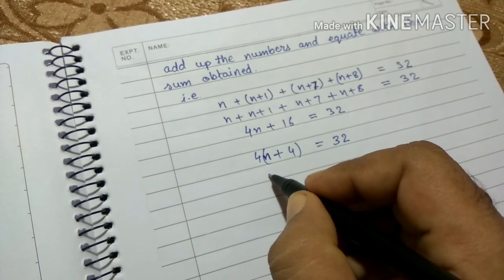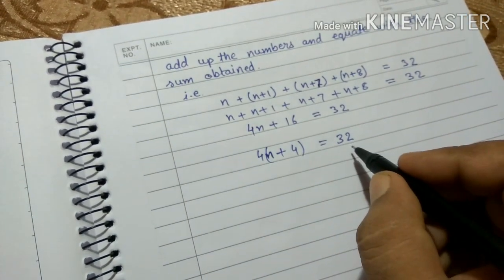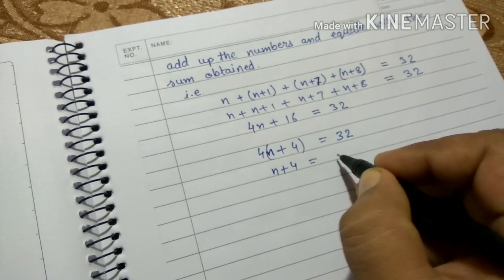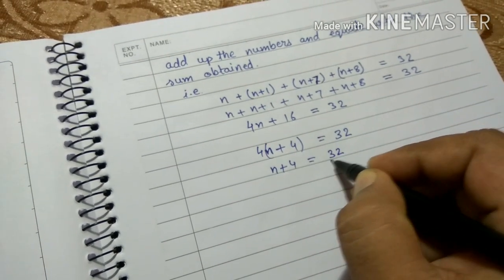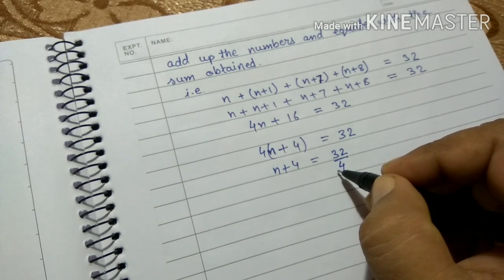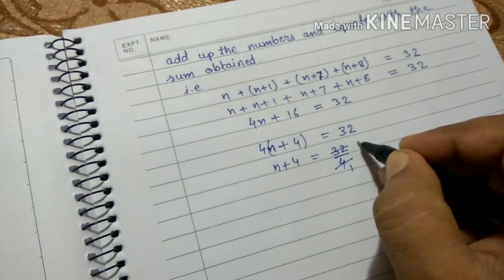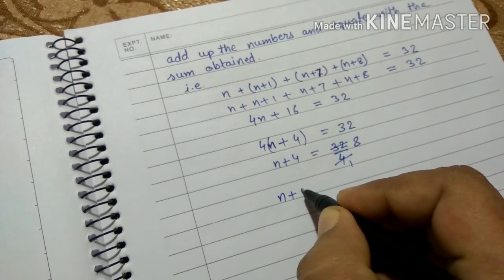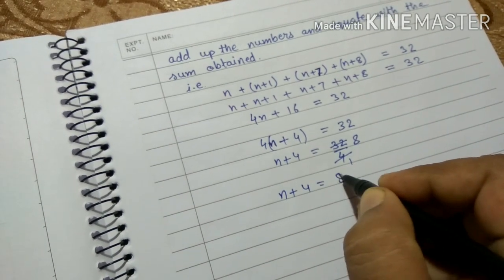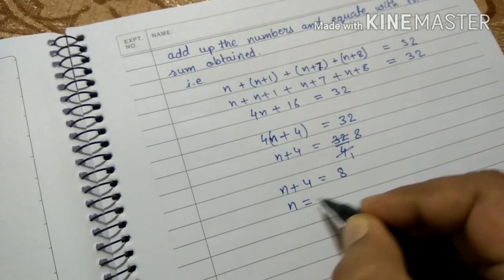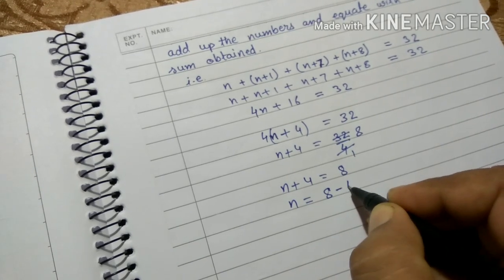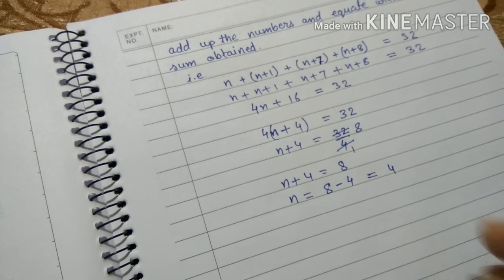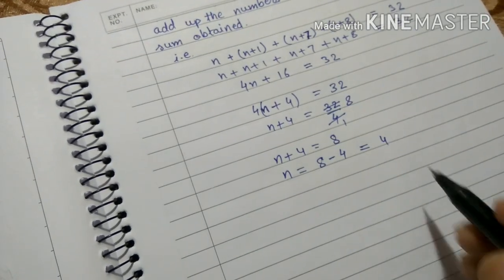Then 4 divides 32, that is n plus 4 is equal to 32 divided by 4, and we will get the result 8, since 4 eights are 32. Then n plus 4 is equal to 8, and n is equal to 8 minus 4, and the result we will get is 4. Okay, so the value of n is 4.